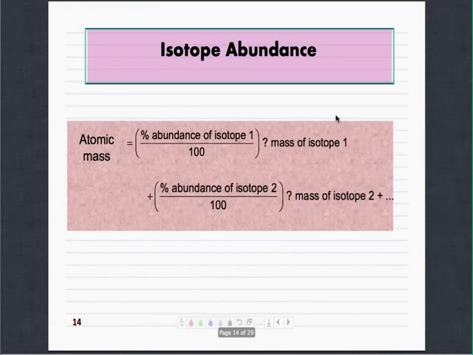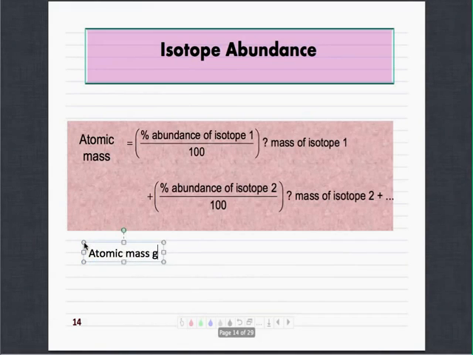What does average mean? On this earth, I have hydrogen 1 with a mass of 1, hydrogen 2 with a mass of 2, and hydrogen 3 with a mass of 3. What we record in the periodic table is the average of those 3 masses. But definitely, we take into consideration the abundance, how much I have of each isotope. And this is how we calculate the average atomic mass.